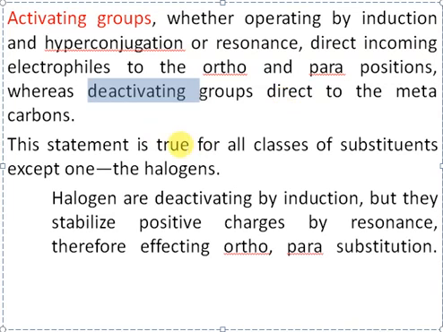This statement is true for all substituents except halogens. Halogens are deactivating by inductive effect, but instead of being meta directors, they still give the ortho and para product, right? Why? Because they stabilize the positive charge by means of resonance, right?